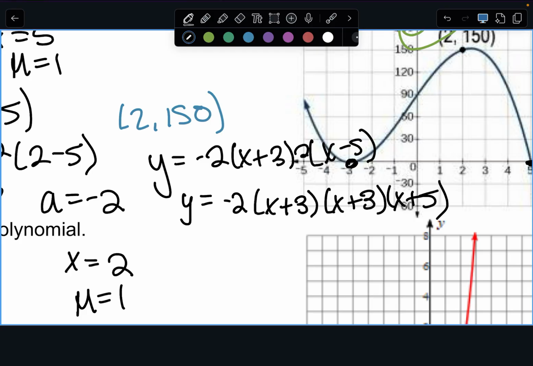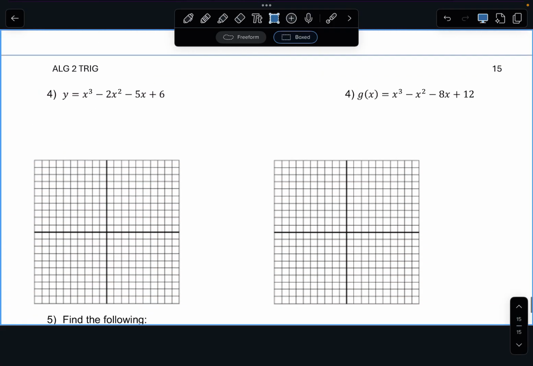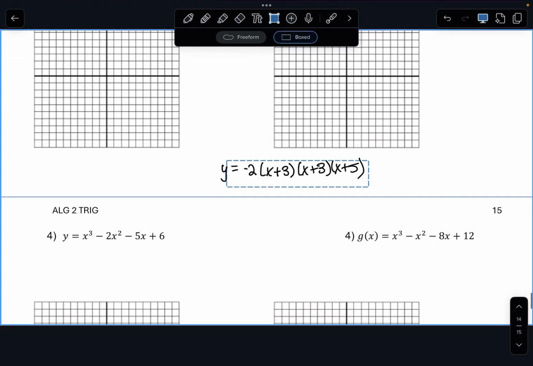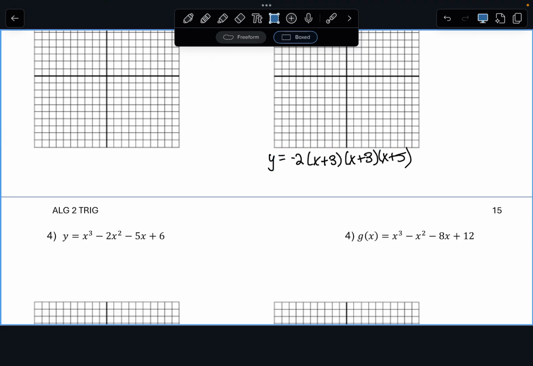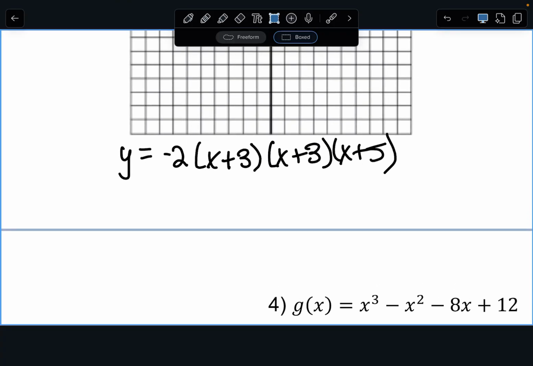And now I'm going to start to actually FOIL. So, goodness, I'm running out of room. I'm going to jump down here. My recommendation for all of these, and we were kind of talking about this earlier, I would almost work from right to left.